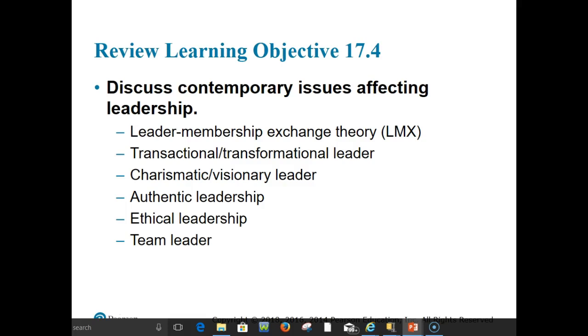A team leader has 2 priorities: manage the team's external boundary, and facilitate the team process. 4 leader roles are involved: liaison with external constituencies, troubleshooter, conflict manager, and coach.